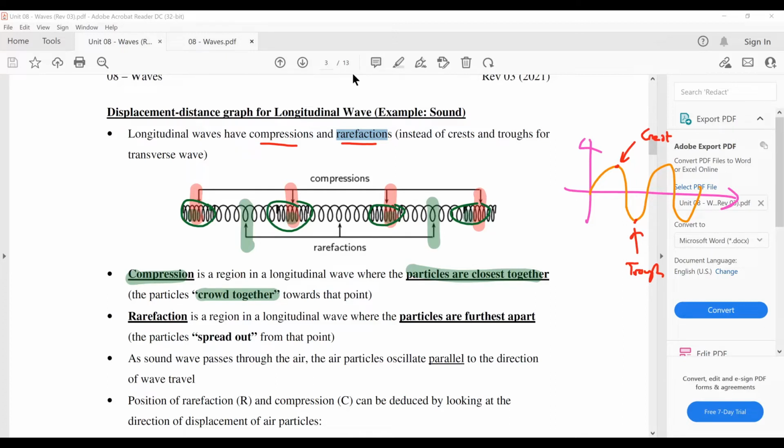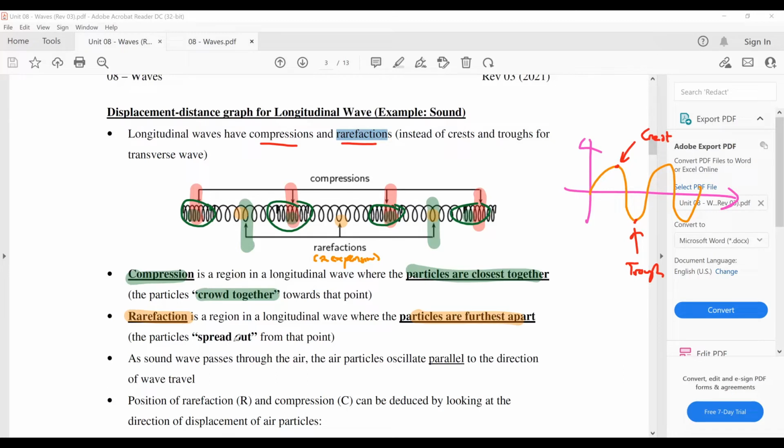Then rarefaction is something like an expansion point. It's where all the particles seem to spread out, all right? The particles are actually the furthest apart at these points.